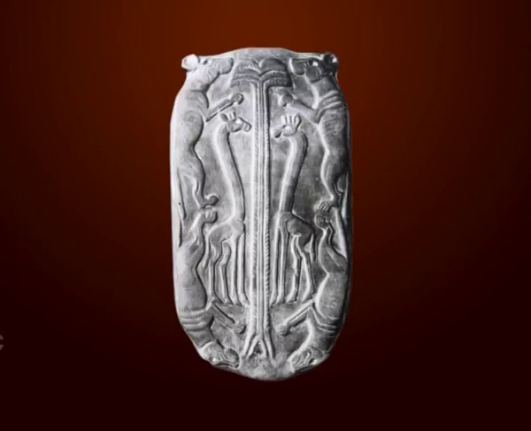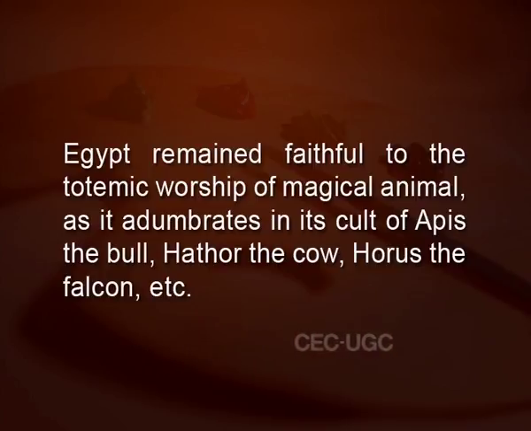The tradition of a magical animal was in vogue in the late prehistory. The magical animal came to be identified with the symbol of a totemic clan. Egypt remained faithful to the totemic worship of magical animals, as it adumbrates in its cult of Apis the bull, Hathor the cow, Horus the falcon, etc. Moreover, as René Hughes says, these animals, evocative of the earliest political divisions of the nomes, are sometimes depicted fighting.